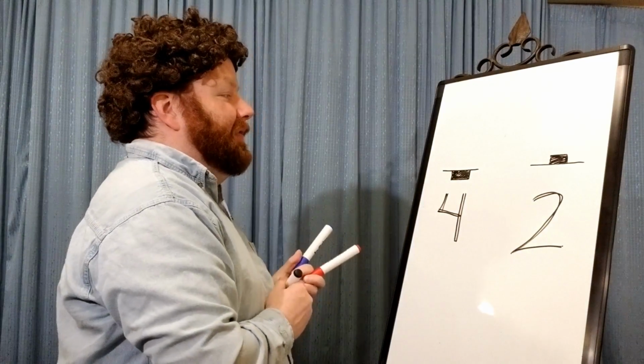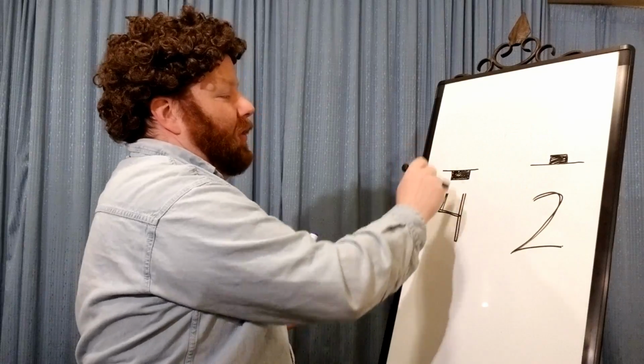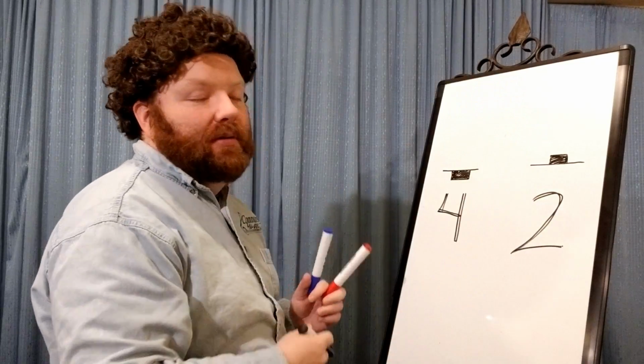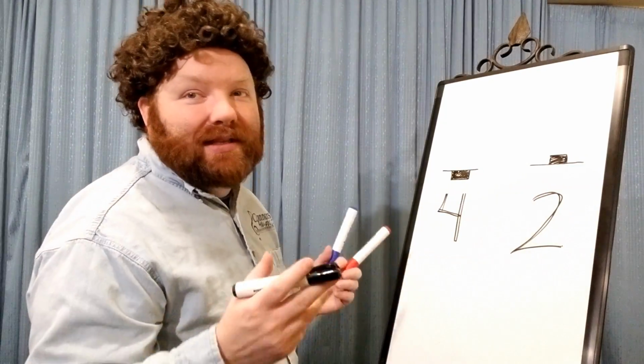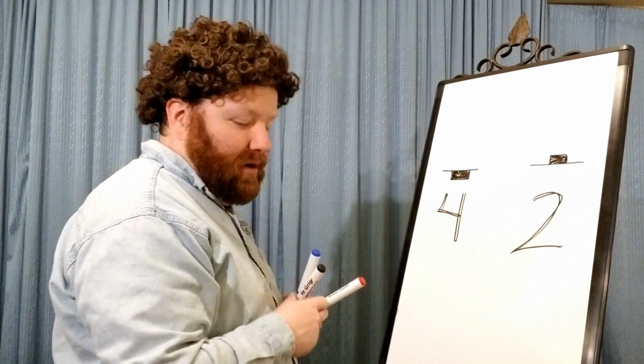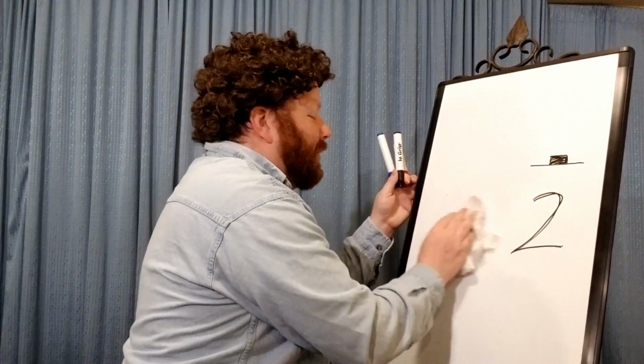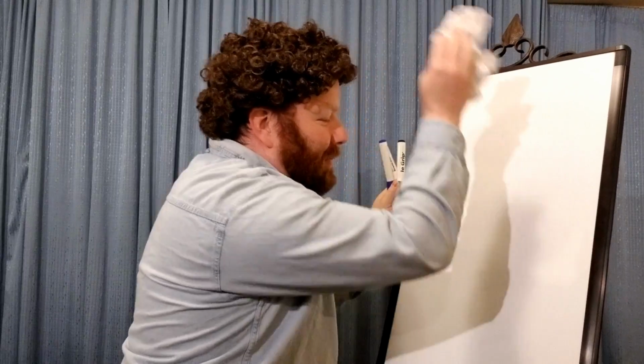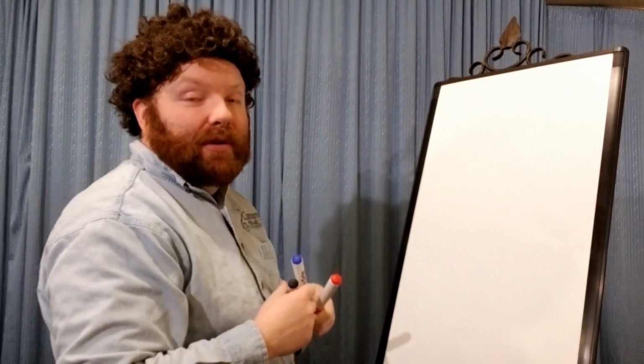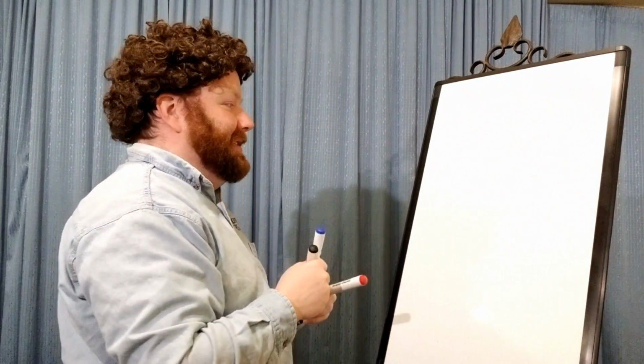So whole and half, whole bowl, half hat. Whole is for 4, half is for 2. The same way we would count it in beats, we count it in rests. All right, I'm going to erase that. Very good. And next we're going to do quarter, eighth, and 16th.